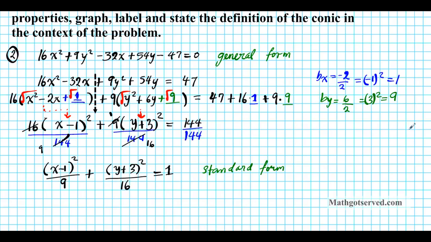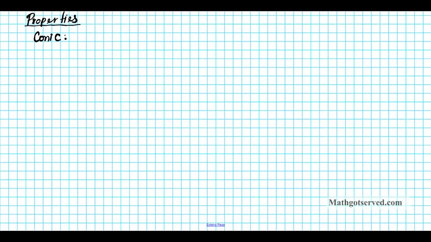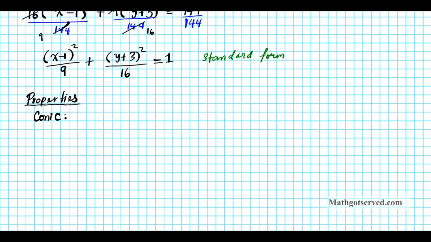Now we're ready to find the properties. Let's write that down, properties. The first thing we have to do is identify the conic. We already did that. This conic section that we are dealing with here is an ellipse. So the conic is an ellipse.